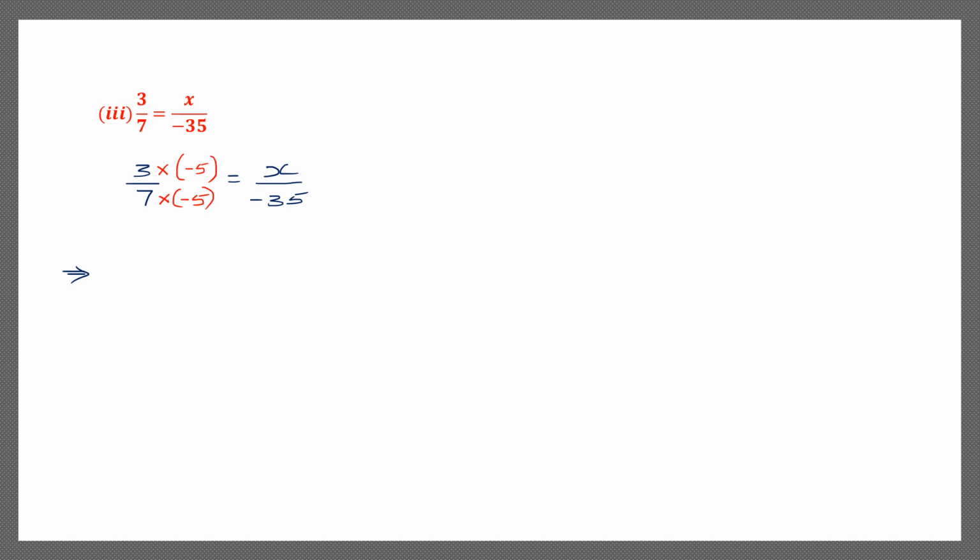Let's multiply. The sign is minus. 3 5s are 15. Denominator, the sign is minus. 7 5s are 35. On the right hand side, we have x by minus 35. So as you can see, the denominators are the same. Now x is equal to minus 15. So this is the value of x. So let's write that down.